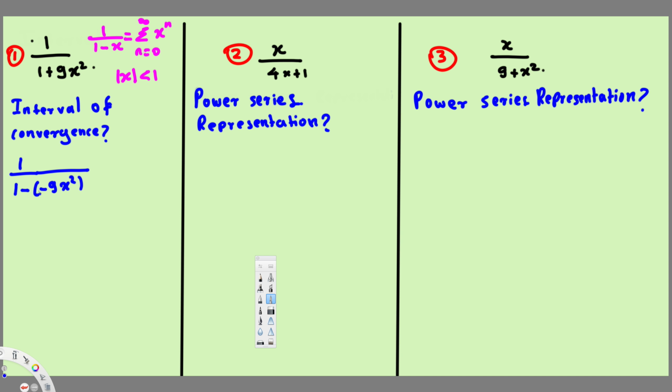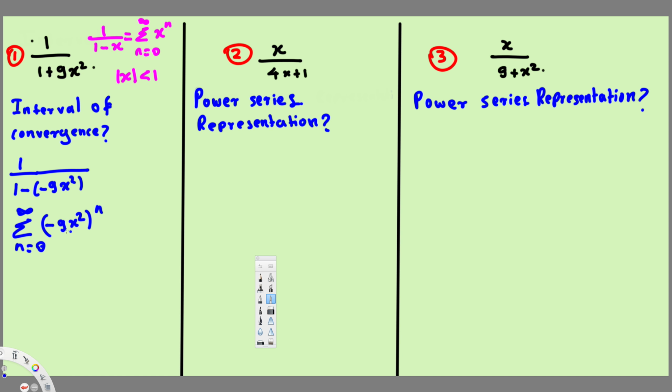So whatever part we are subtracting from 1, that's going to be in the power series representation. So now we can go ahead and write this one in terms of power series representation. This is going to be sigma n is equal to 0 to infinity, and this value, I grab this one right here, minus 9x square power n, right?